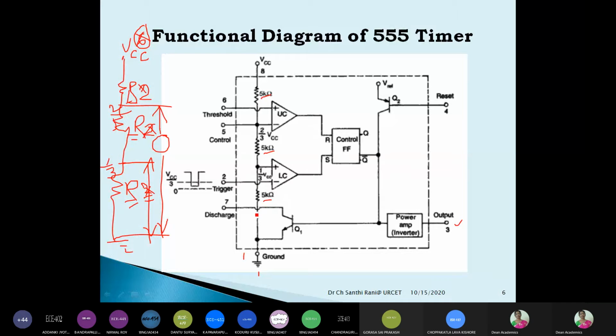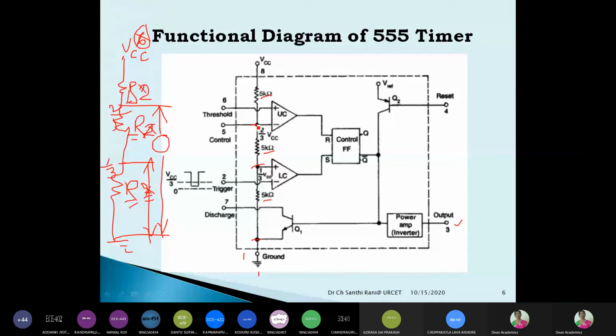So like that, you just observe this potential voltage divider. This is resistor R1, 5 kilo ohms. And at this point, we will have 1/3 VCC from ground to this resistor. And from ground to this point, we will have 2/3 of VCC.